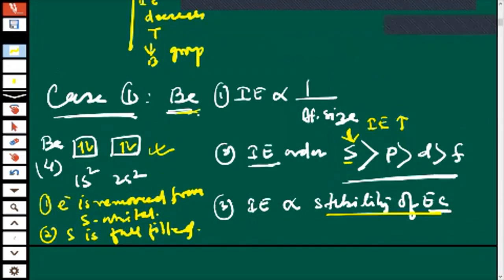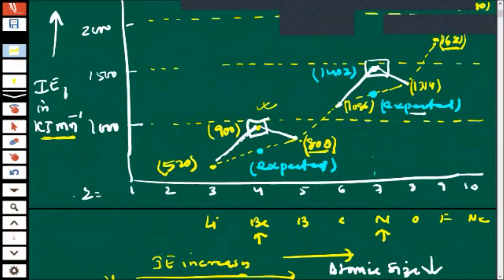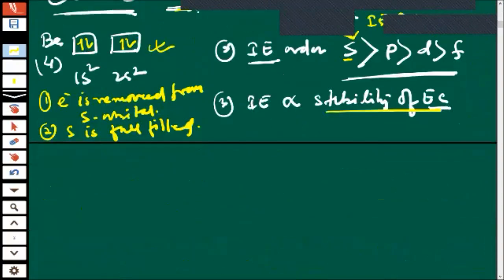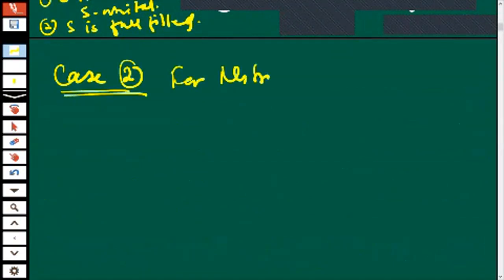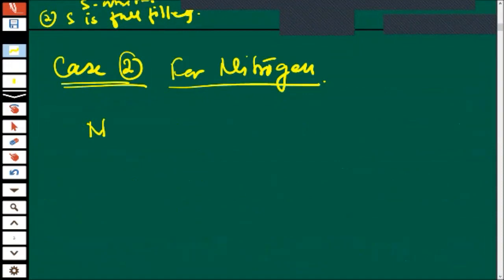So now let us discuss nitrogen, because nitrogen is also showing exceptional behavior. So all these factors will be running. In case 2, for nitrogen, let us write down the electronic configuration of nitrogen, children.